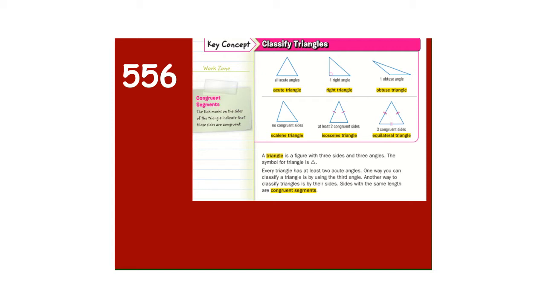Isosceles, the way I always remember isosceles, you have two eyes, isosceles. So isosceles triangle, you have two sides the same length, which means there's two angles the same measure. Equilateral, all three sides are equal length, all three angles are equal degrees, which means in an equilateral triangle, all three angles are 60, 60, 60. Okay?